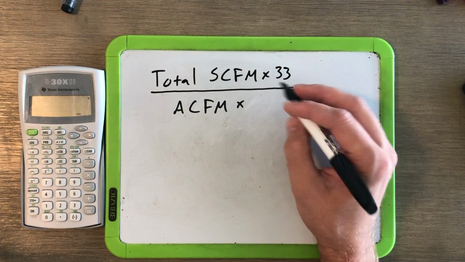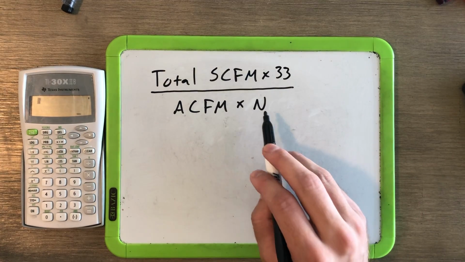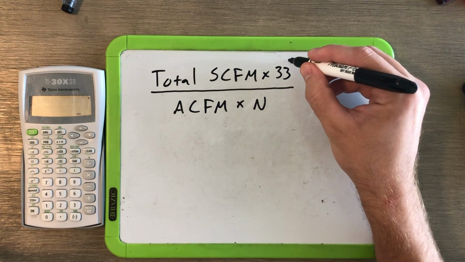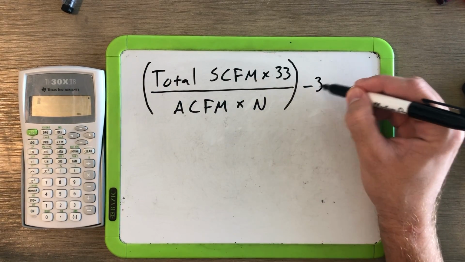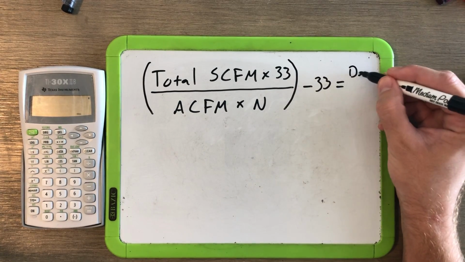This is important. Remember to multiply this by the number of divers that you have, okay? And that N includes the standby diver. Then we're going to take whatever number we get here, I'll put this in parentheses, and subtract 33 from it, and that's going to give us our depth limit.